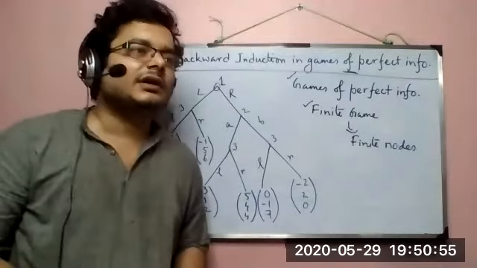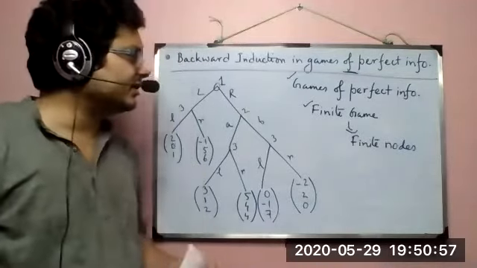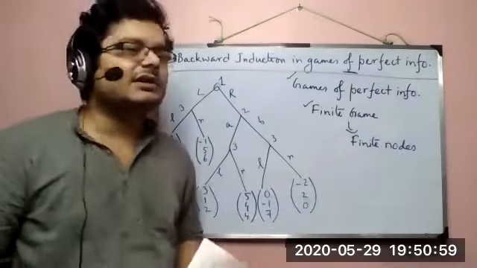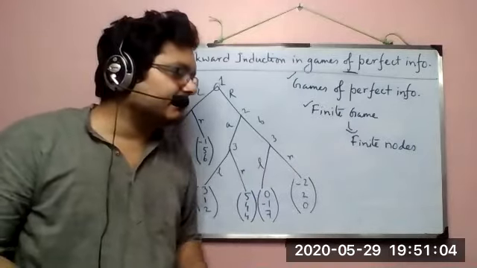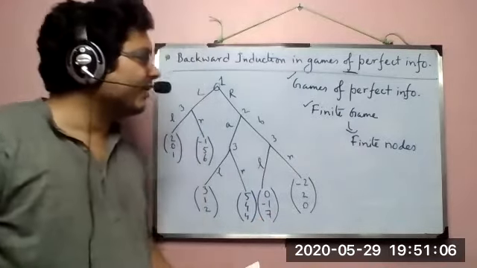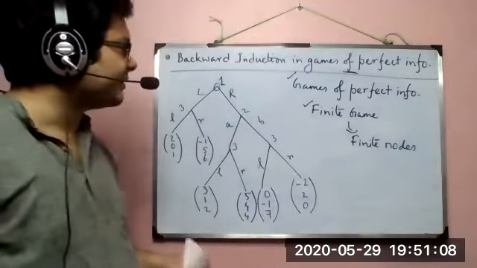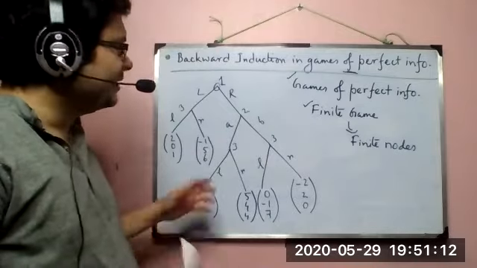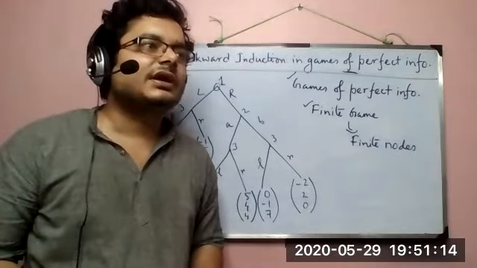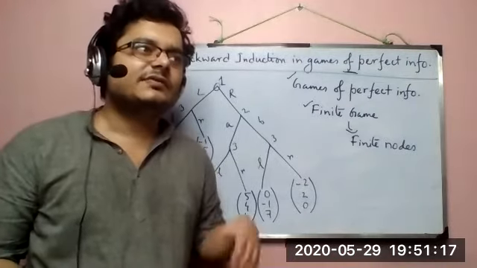Theoretically, or in your mind, you can think that if there are finite nodes, then we will end somewhere. That's the idea. But when it comes to induction, for infinite games the idea is very different.